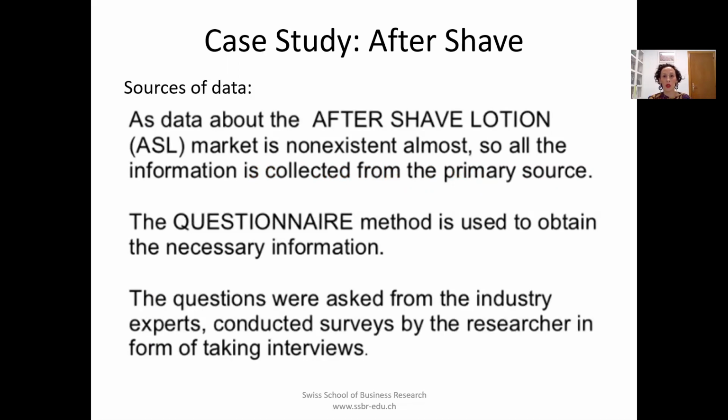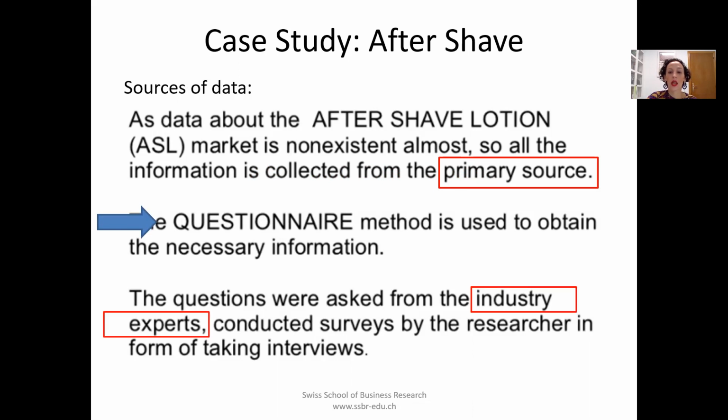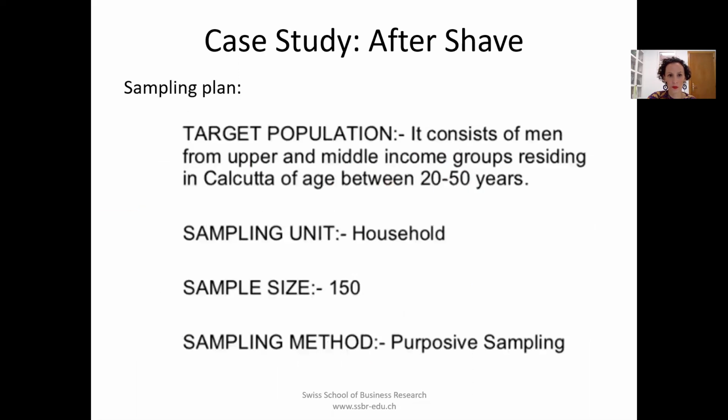And then the researchers will conduct surveys in the form of interviews. So the important thing is that we are going to collect almost everything from the primary source. We are going to use the questionnaire, and we have used the help of an industry expert to create these surveys, which will be conducted in the form of interviews.